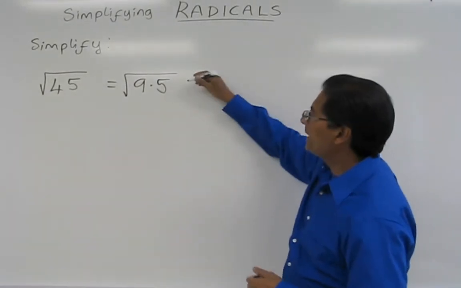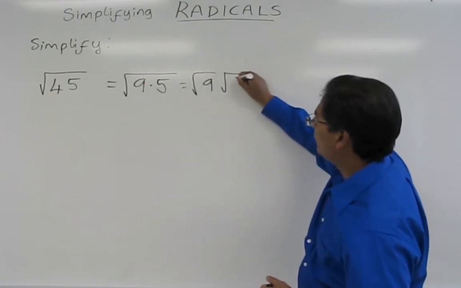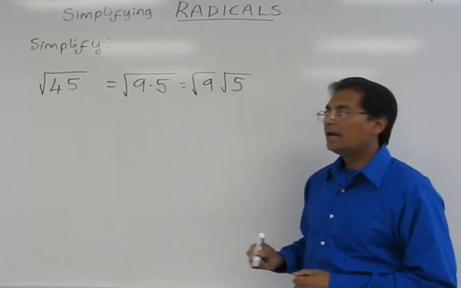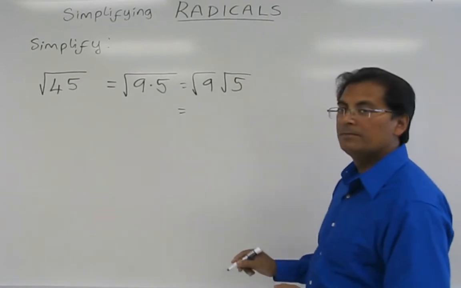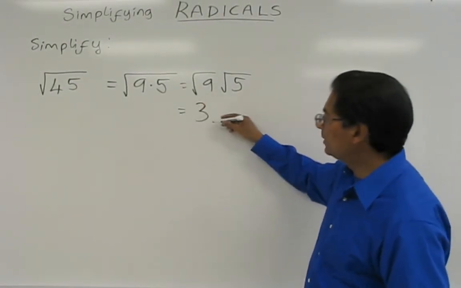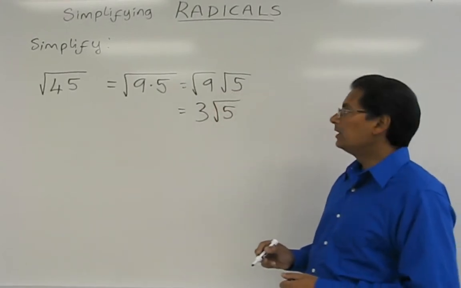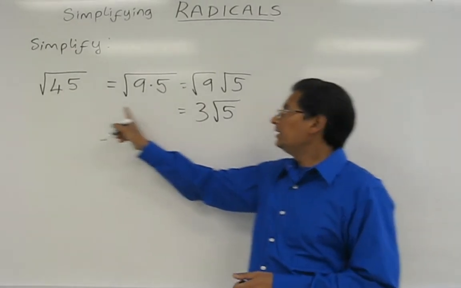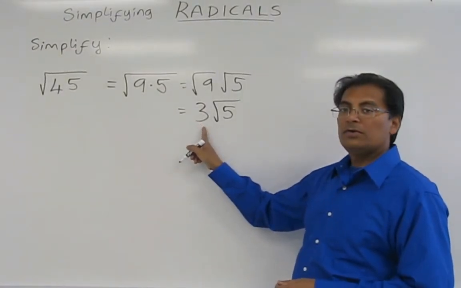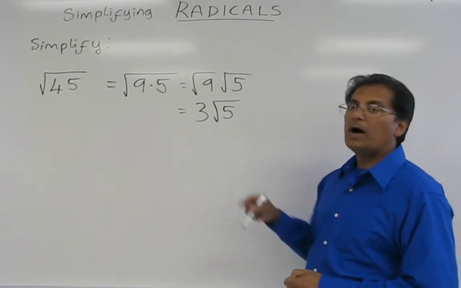And we can now separate out these square roots. This is the square root of 9 times the square root of 5. And the square root of 9 is 3. The square root of 5 we cannot square root any further, and so we leave it as the square root of 5. And so the simplified version of the square root of 45 is 3 root 5.